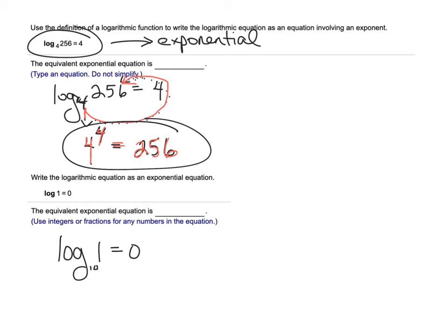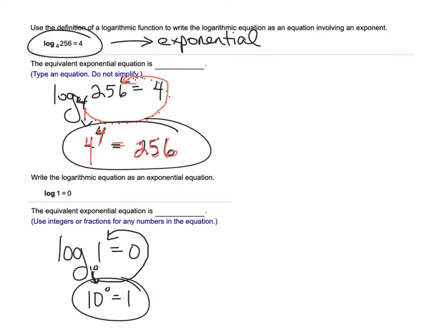So if you want to convert it to exponential form, you're going to start with the base, which is 10, and then you're going to go counterclockwise like that. So 10 to the 0 equals 1. And that's what they're asking for in this problem.